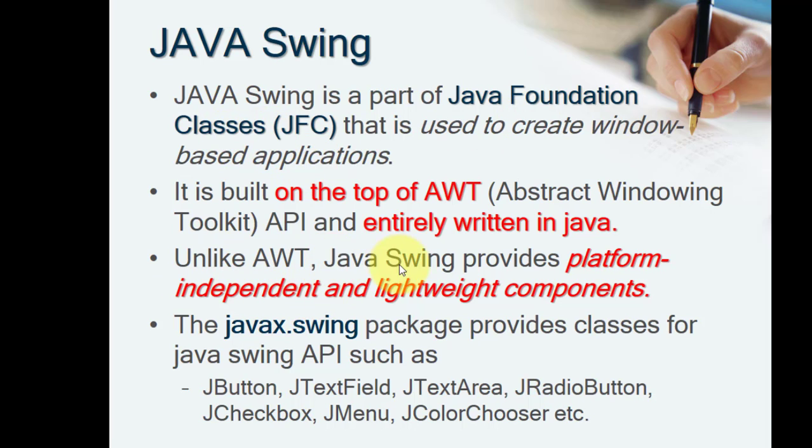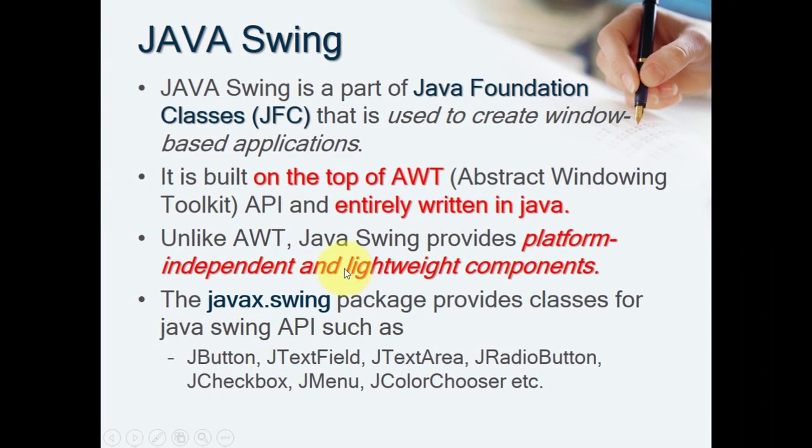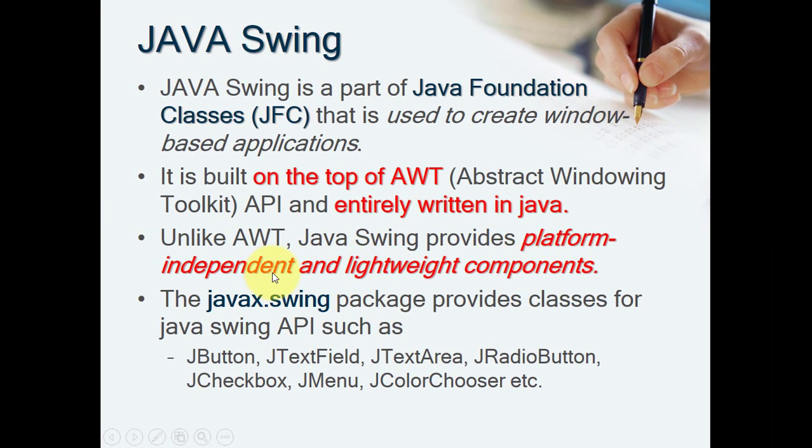So unlike AWT, Java Swing provides platform independent and lightweight components, and look and feel. The difference between AWT and Swing is that a platform independent UI is possible in Swing, and it is a lightweight component. AWT is platform dependent and heavyweight components are available. The javax.swing package is used to create the graphical user interface using the Swing components.